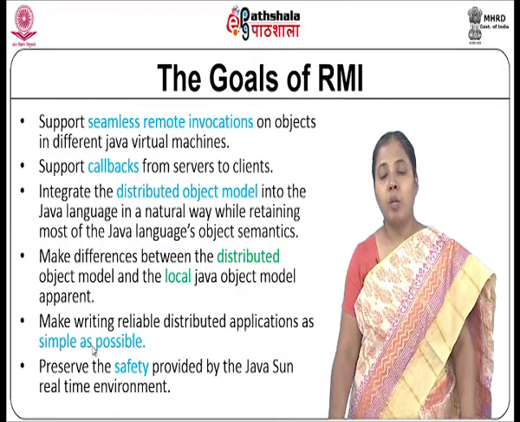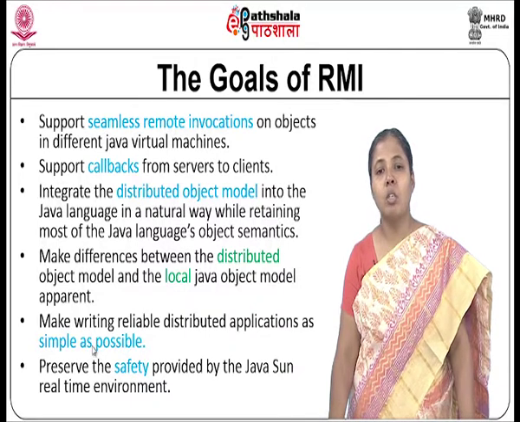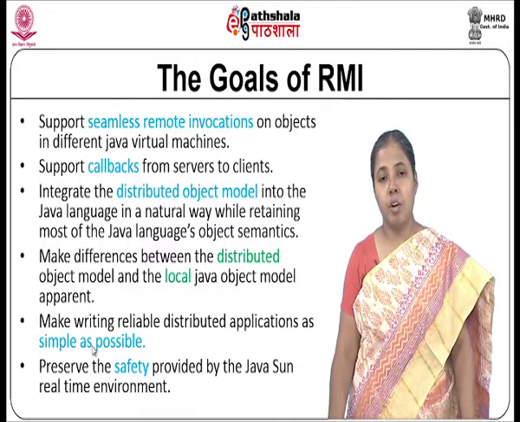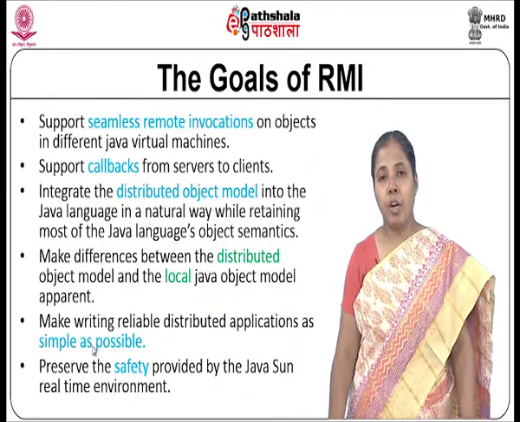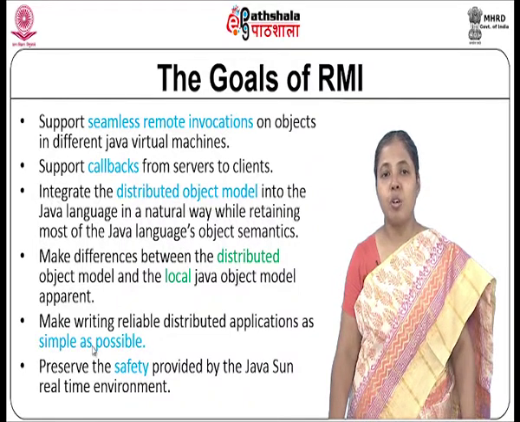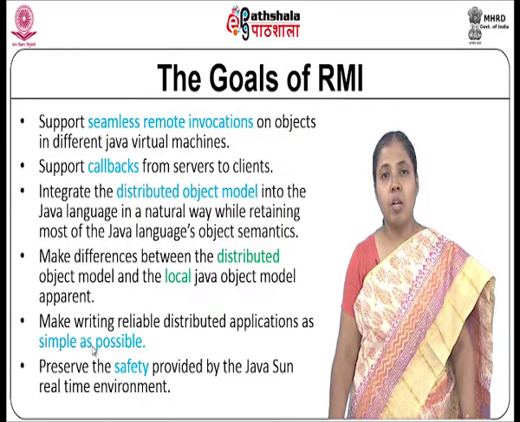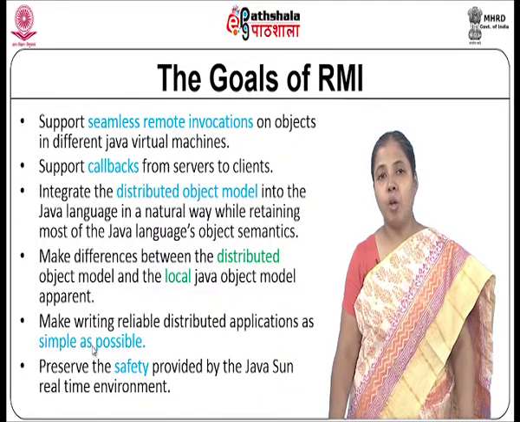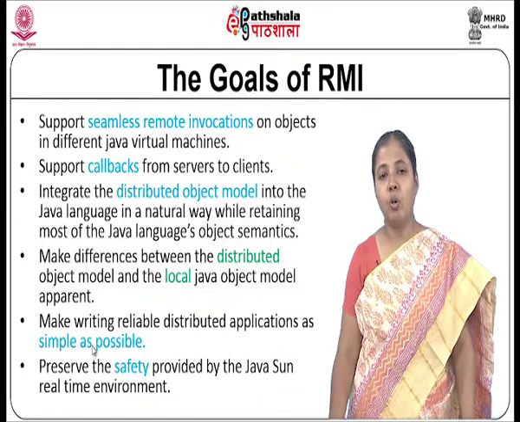The differences between the distributed object model and the local Java object model are very apparent with Java. When we write distributed applications using Java RMI, it is very simple and also very flexible. In order to preserve the safety provided by the Java runtime environment, RMI also supports a little bit of security.